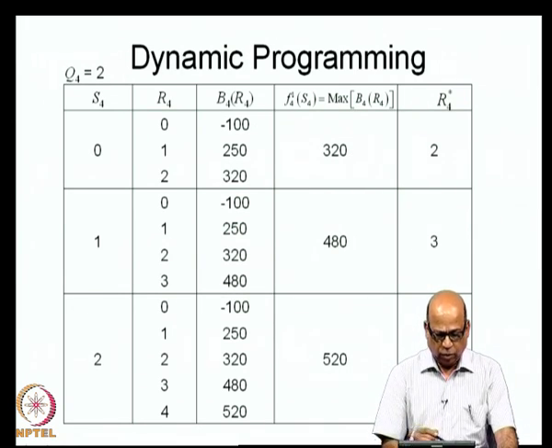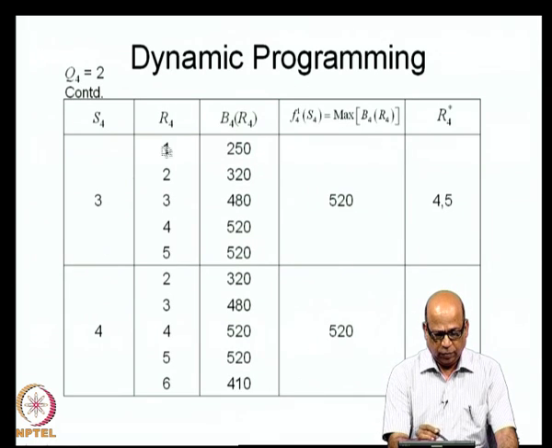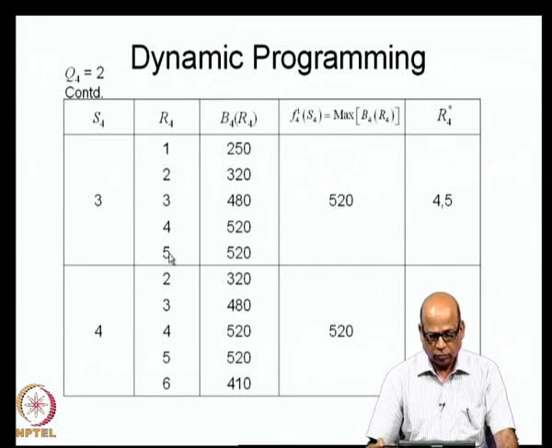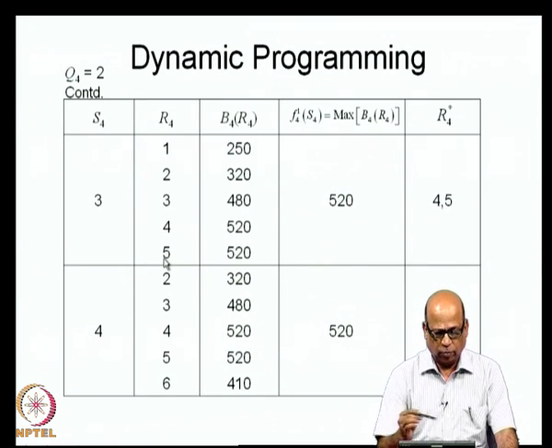Like this we keep going. When you come to 3, you see that we start with R 4 is equal to 1 and not R 4 is equal to 0, because 3 plus 2 is 5, which is more than the storage capacity 4, and therefore, we start with R 4 is equal to 1, and we go up to 5. So, R 4 can take on values up to 5.